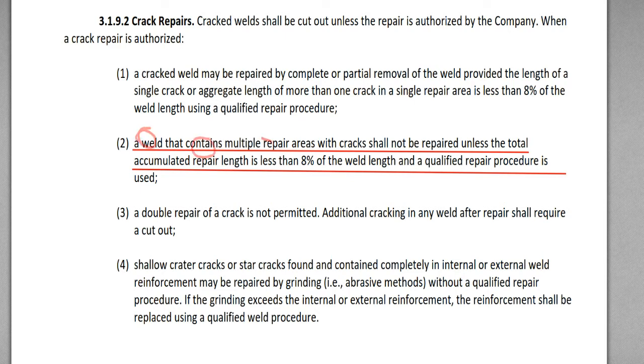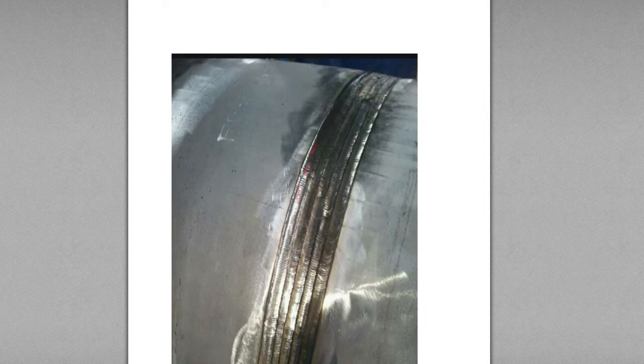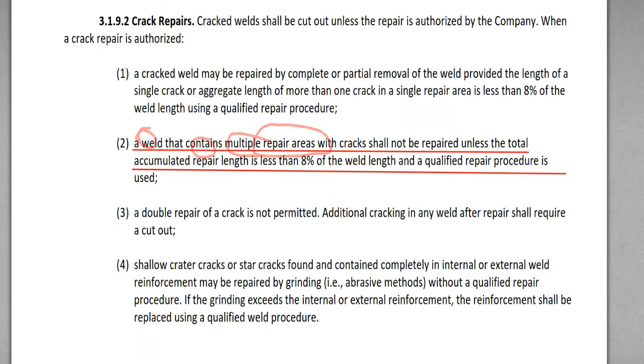The weld contains multiple repair areas, so something like this. Repair area number 1, repair area number 2, repair area number 3, and should not be repaired unless the total accumulated repair length is less than 8%.